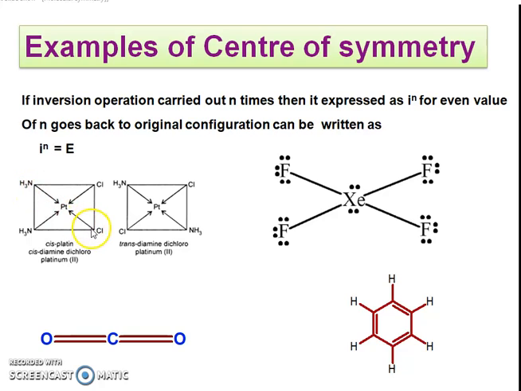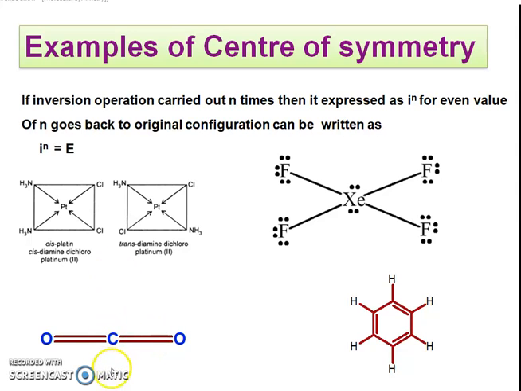This cis compound does not show a center of inversion, but this molecule clearly shows a center of inversion, because between this ammonia group and this ammonia group we can draw the line, and the chlorines likewise, the center will be reached at this point, and you know that it is a center of inversion.